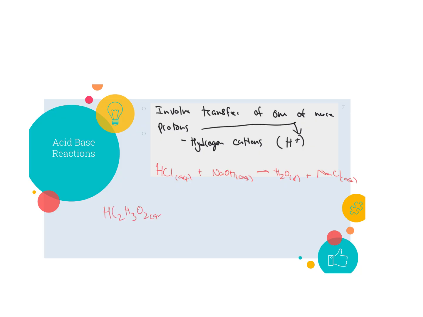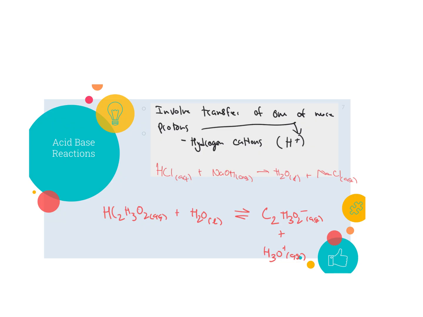HC2H3O2 aqueous plus water liquid reacts, and this doesn't completely react, and so you end up getting both of them. You get C2H3O2 minus aqueous plus hydronium ion, H3O plus aqueous. We'll be talking a lot more about this in our next topic, but also when we get to Unit 8, we're speaking extensively about acid-base reactions.